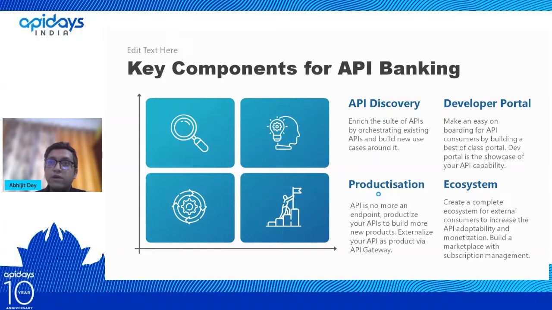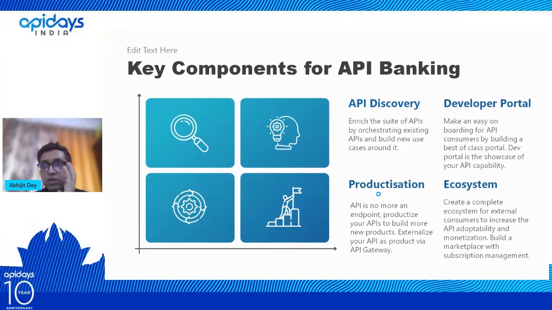It should have all the analytical and behavior analysis of your APIs, right? There should be a proper dashboard through which your users should know that these are the use cases, these are the benefits of these APIs, and the documentation, right?